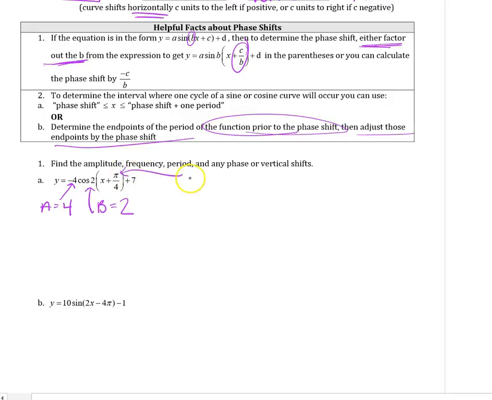Your phase shift, which stands for C, is technically negative pi over 4, which means left pi over 4 units. And then, almost lastly here, this plus 7 means you're going up 7. That's your D. Something else you should note is that there's a negative in front of the 4, which just means you're reflecting in the x-axis.